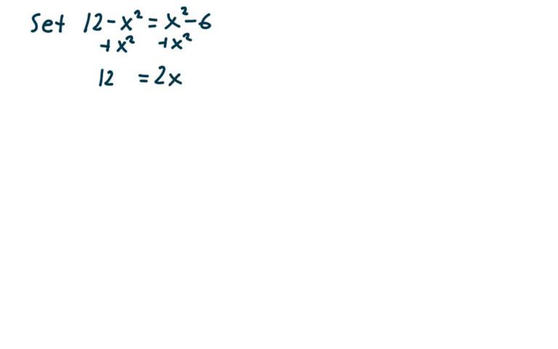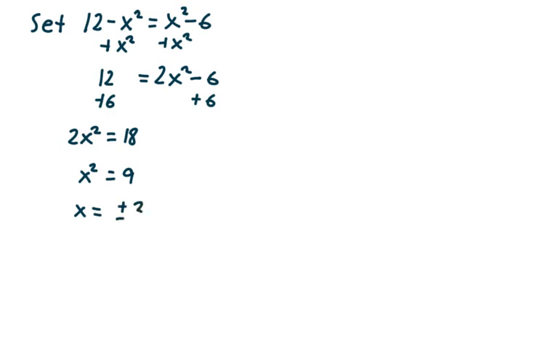So I'm going to set 12 minus x squared equal to x squared minus 6. Add x squared to both sides, and we get 12 equals 2x squared minus 6. Add 6 to both sides. We get 2x squared equals 18. And so x squared equals 9, and then x equals plus or minus 3.